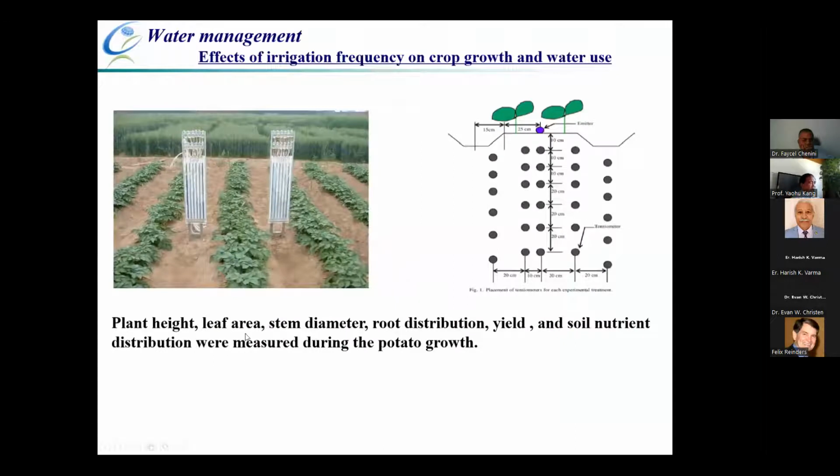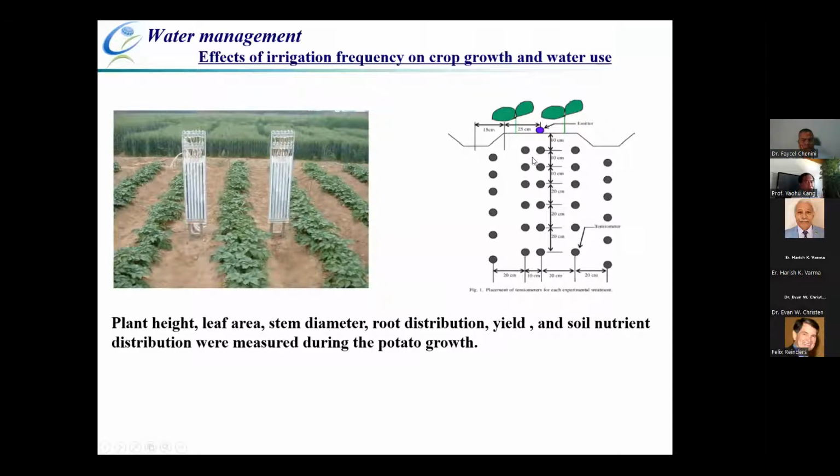The plant height, leaf area, stem diameter, root distribution, yield, and the soil nutrient distribution were measured during the potato growth. You see, each point here is for the purpose of measuring the soil matrix potential.